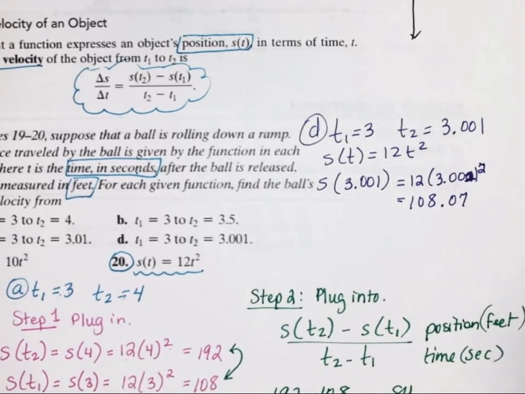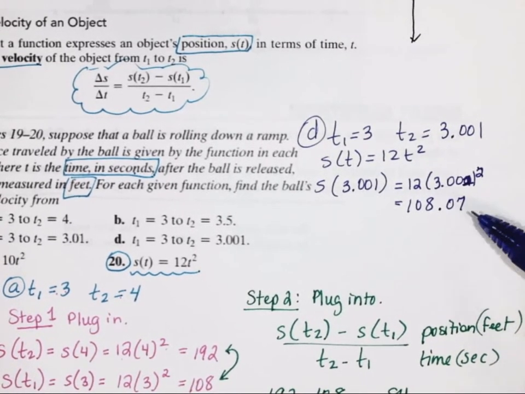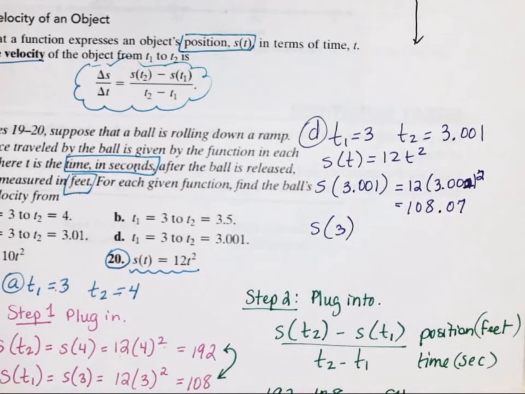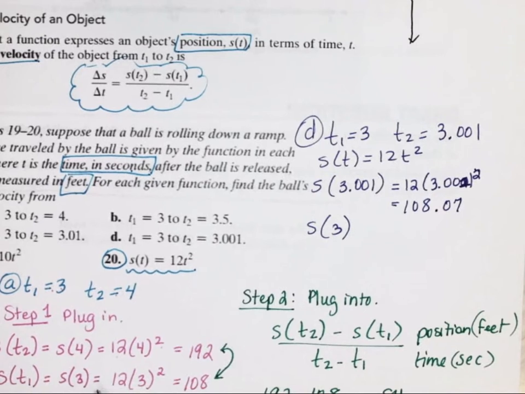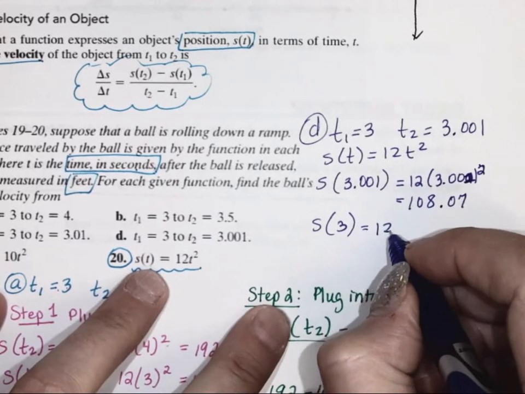I would wait until the very end to round to the tenth, so keep at least 2 or 3 decimal places. And when we plug in s of 3, we already did that over here. s of 3 into that function gave us 108.